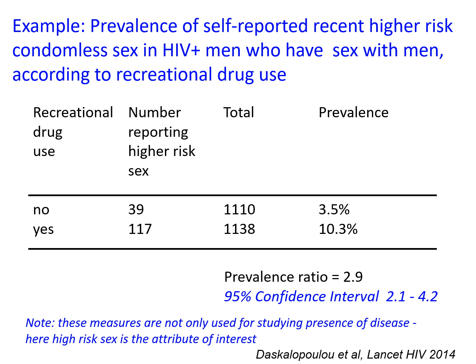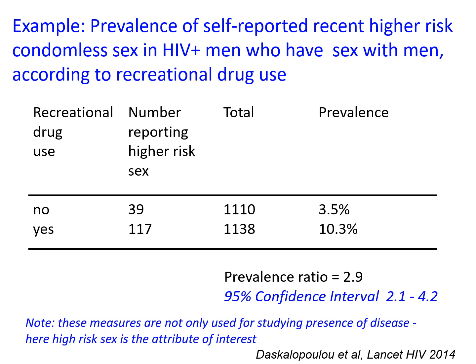Reporting recreational drug use were 1,138 men, and of those 117 reported higher risk sex. So the prevalence there was 10.3%. So the prevalence ratio for men reporting recreational drug use compared with men not reporting it, the prevalence of higher risk sex was 2.9.